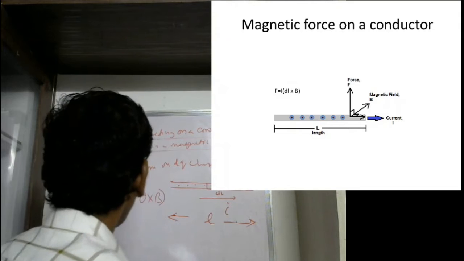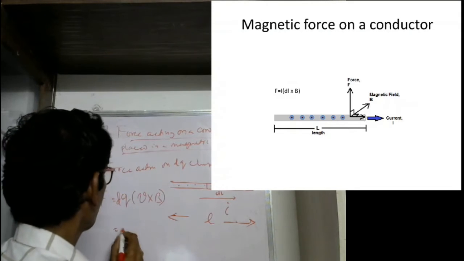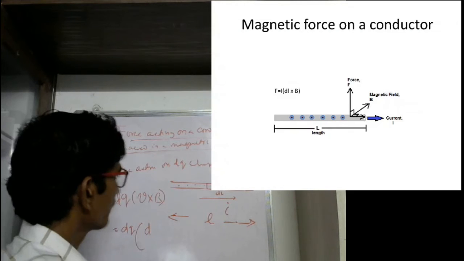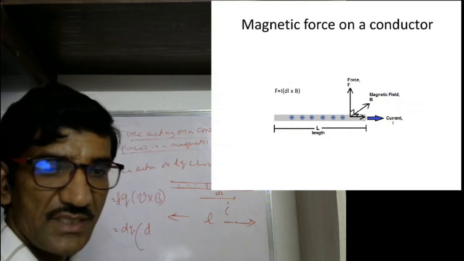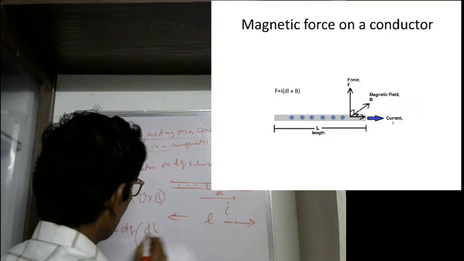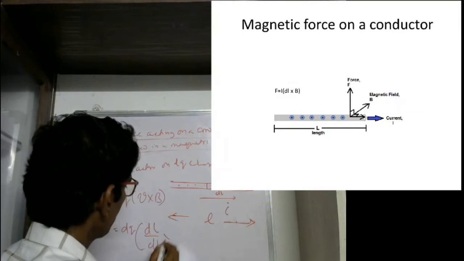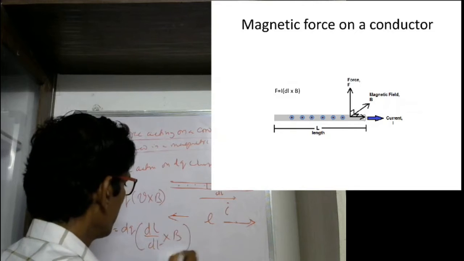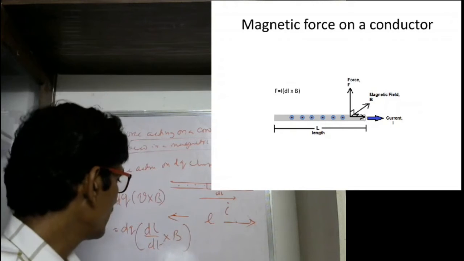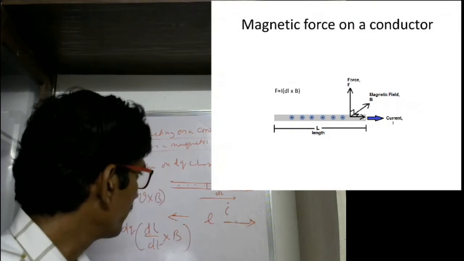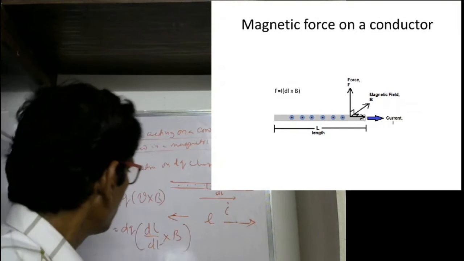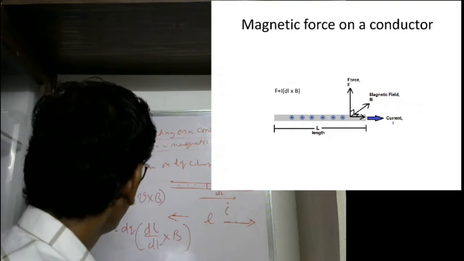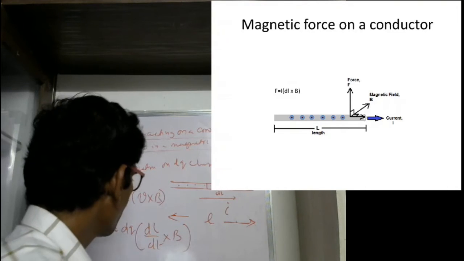Now let us write this v as dl by dt, because it is a length, right? So dq into dl by dt into B. Here dl and B are perpendicular in our case, otherwise we keep it as it is.